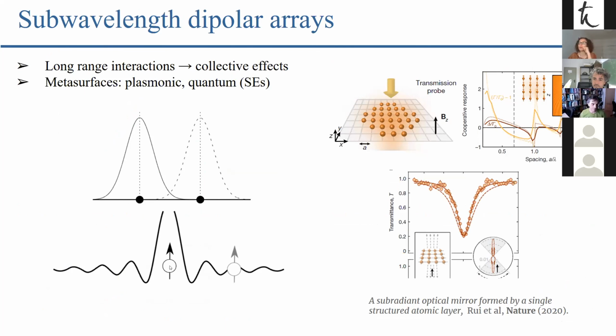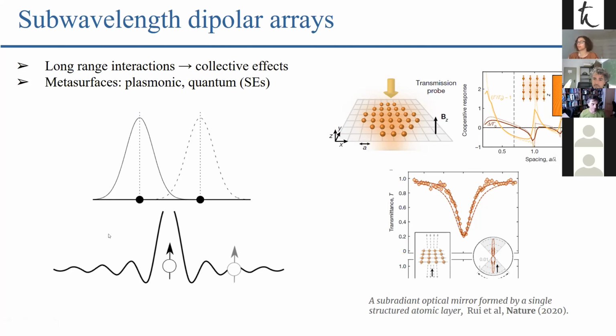But here, on the other hand, the interaction is long range and is affected by retardation. In fact, this generates interesting things like collective effects, whereby the radiative properties of the dipoles can be greatly modified when one compares them to an isolated dipole, just purely because of this long-range interaction between them.